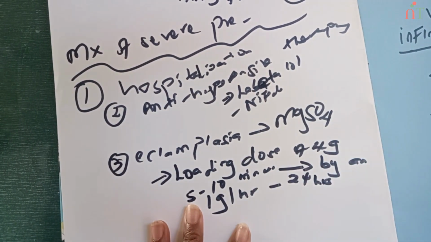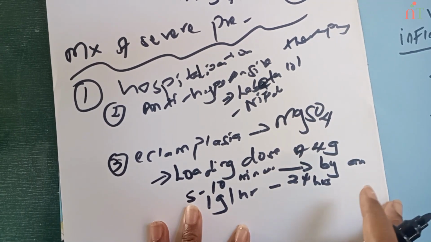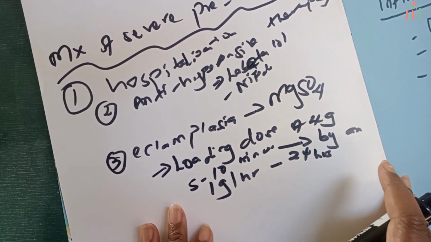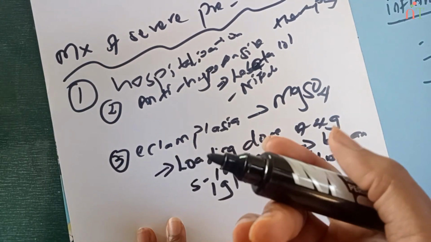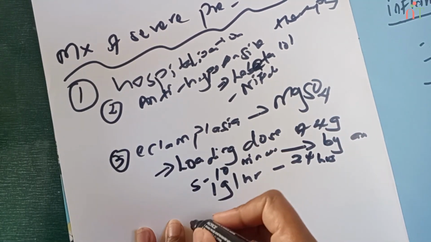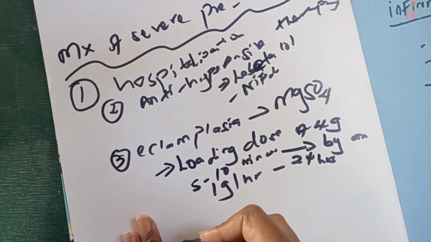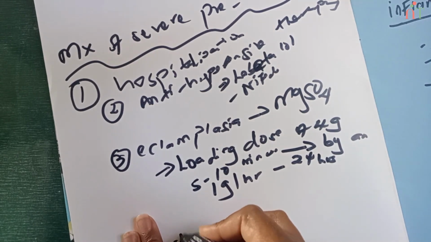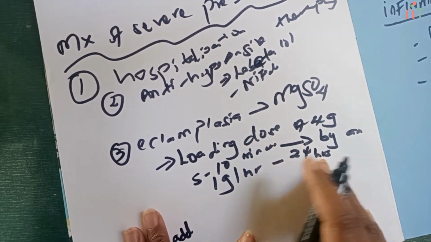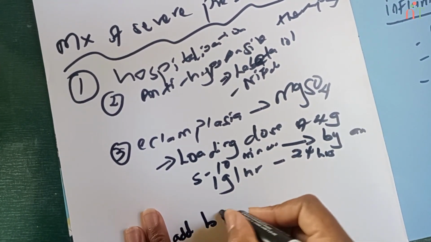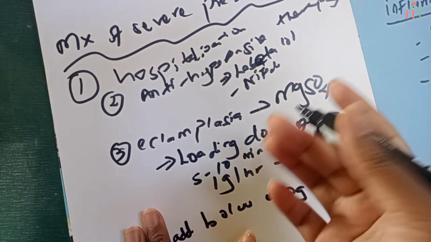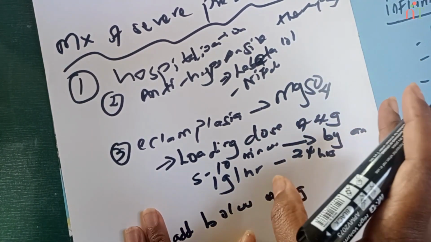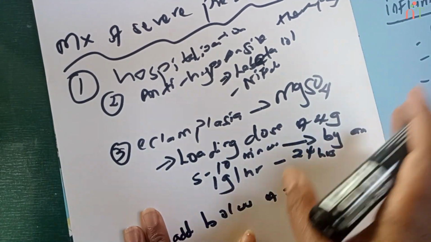And then if this patient gets recurrent seizures, you're going to add an additional bolus of 2 grams or an increase in the infusion rate to 1.5 or 2 grams per hour.